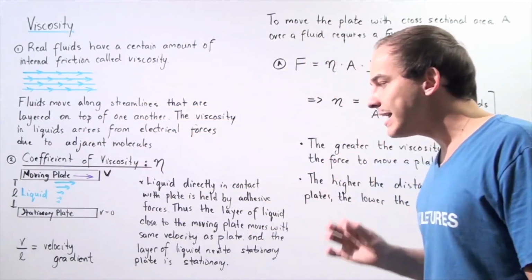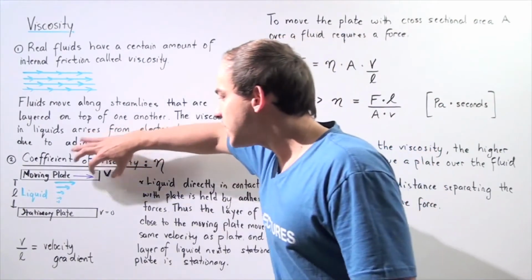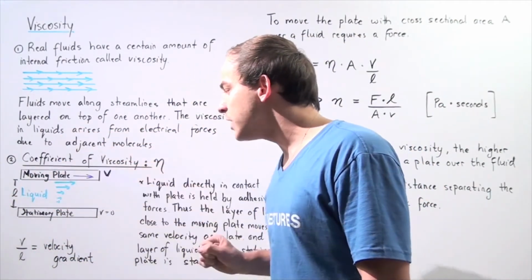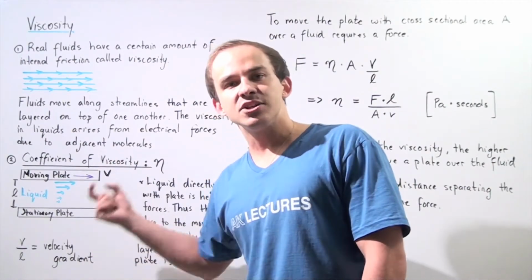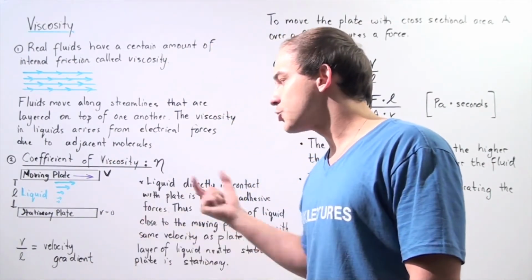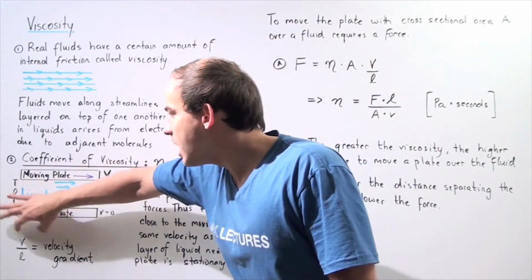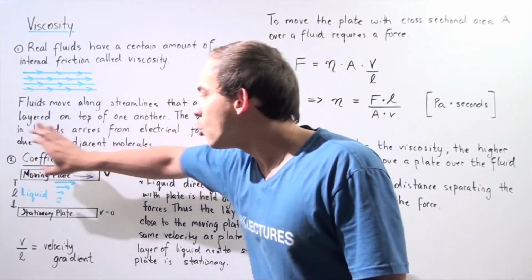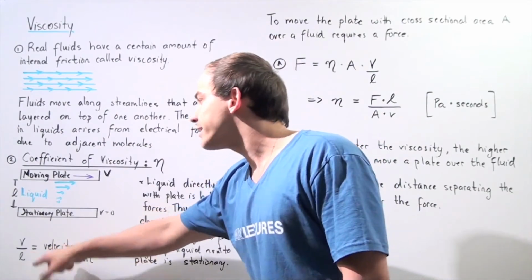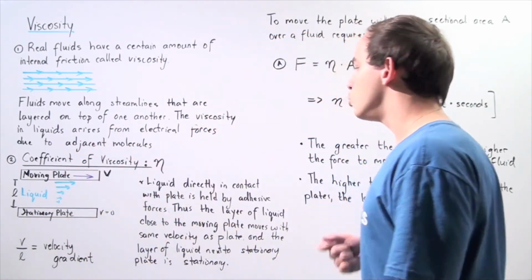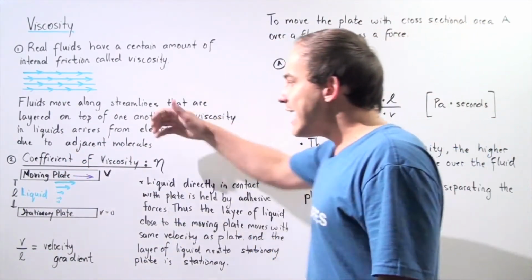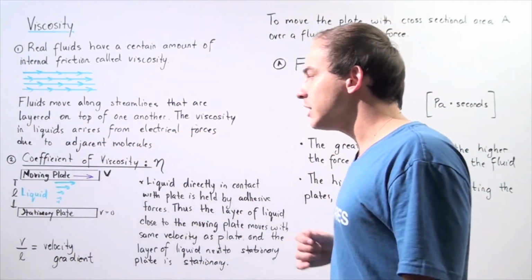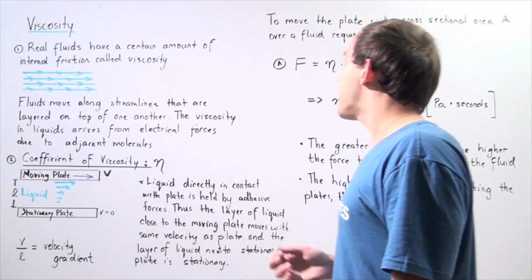Now, we define the ratio of this velocity V to the distance separating our two plates as the velocity gradient. So the velocity gradient is simply the velocity of this moving plate, as well as the liquid that is in contact with the moving plate, divided by the distance separating our two plates. Now, in order to move this plate along the surface of the liquid, that requires a force.